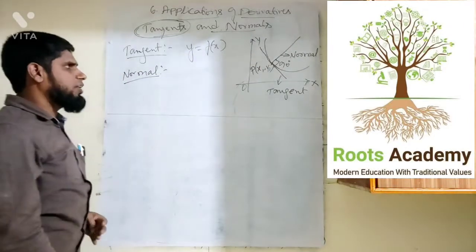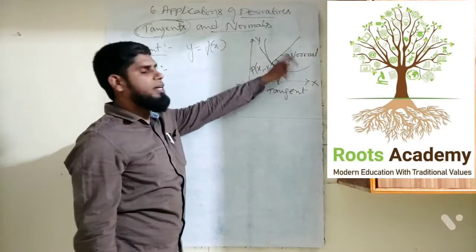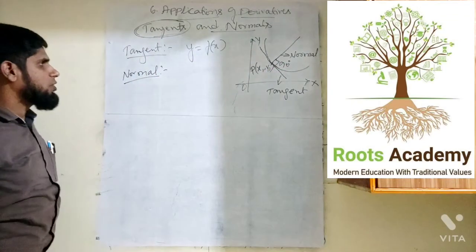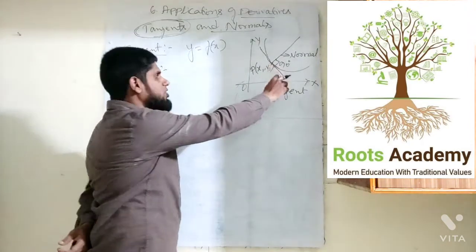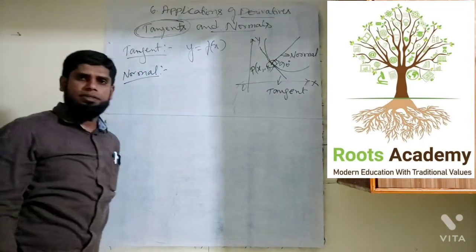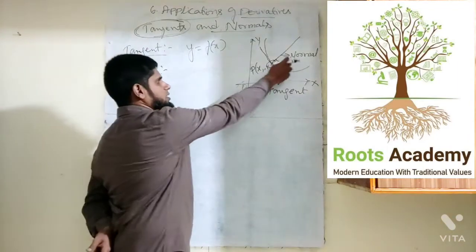Now let us go to the different concepts of tangents and normals. First one: if this is a tangent line at one particular point, then we will get its slope.